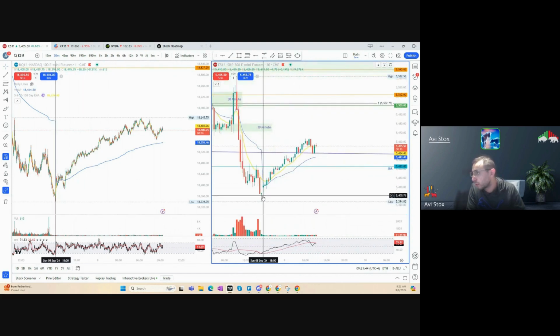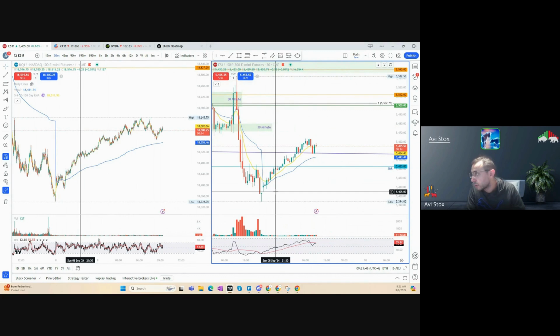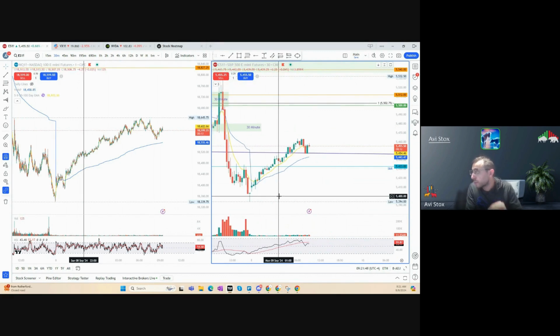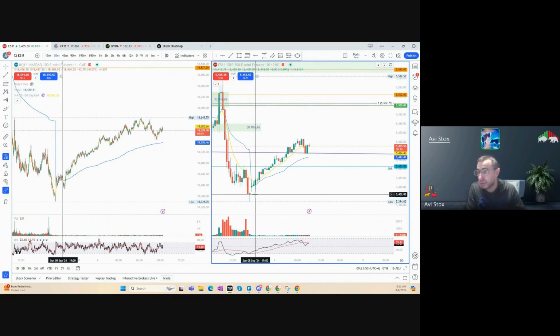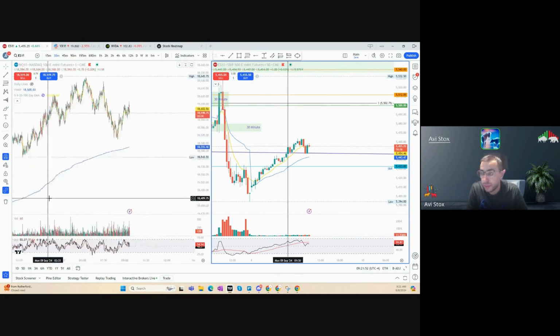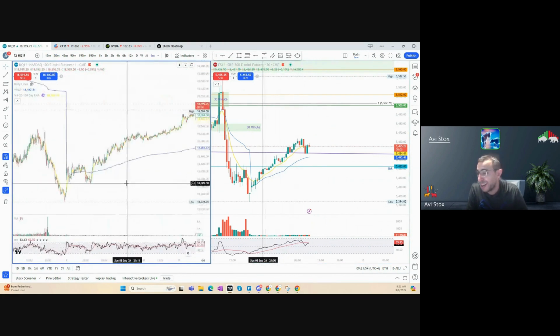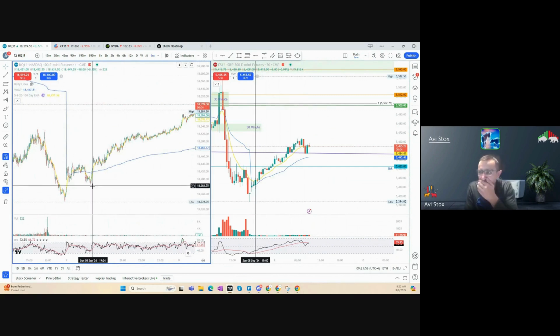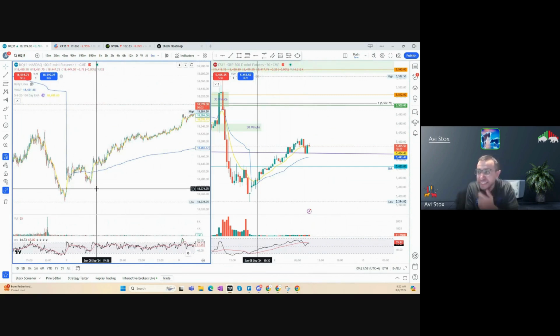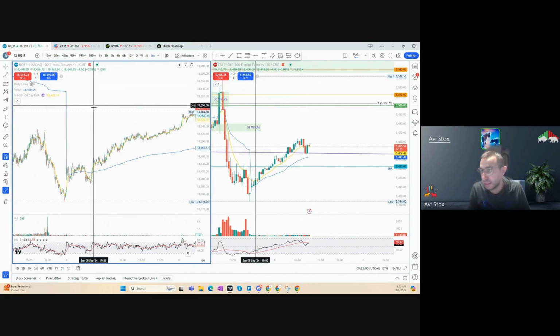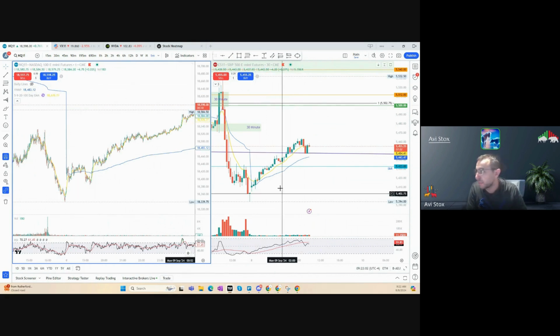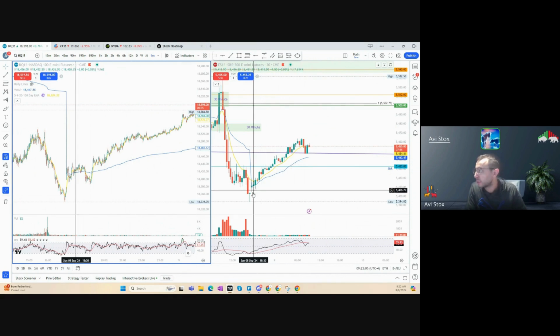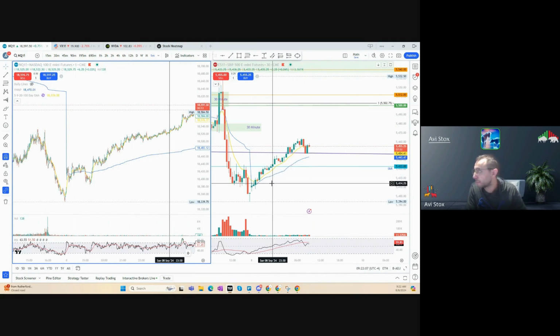Oh wow, look how it's never filled fully. But it started a new week with a fairly large gap up. Not massive, but fairly big. Very nice.